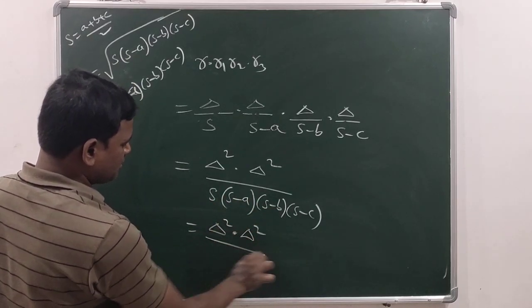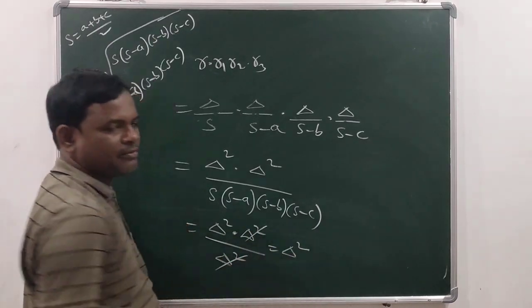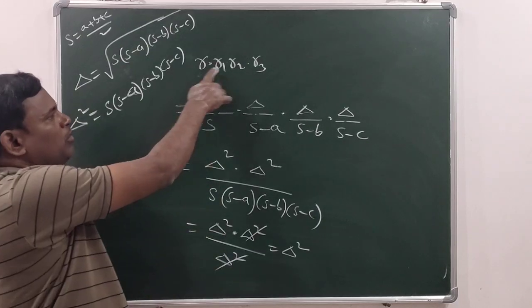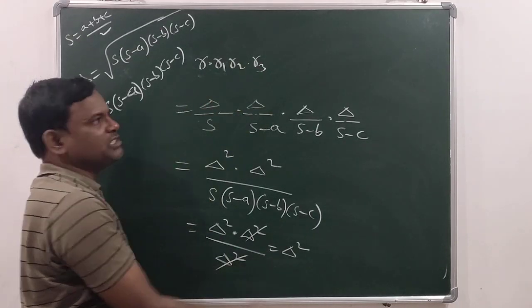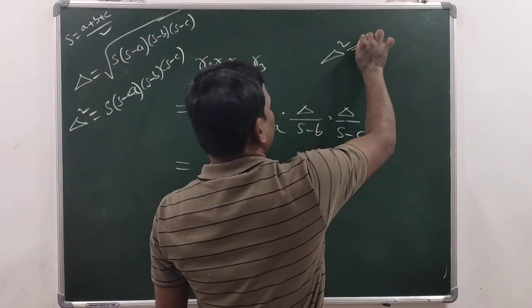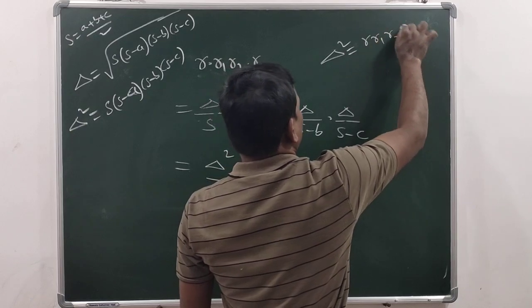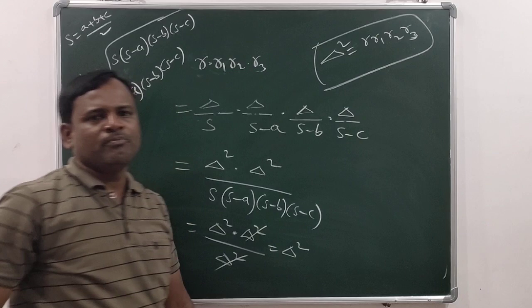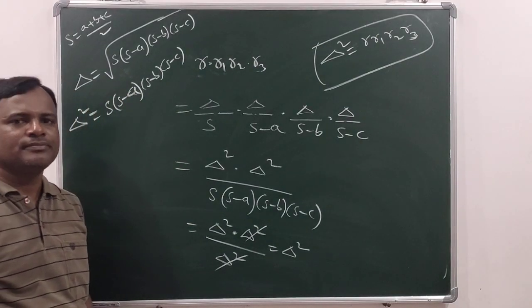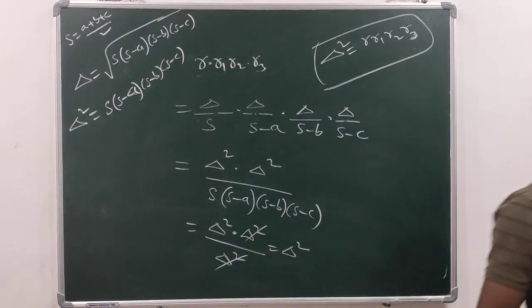Now delta square cancels delta square. Now R into R1 into R2 into R3 is equal to how much? Delta square. Remember this formula. Delta square is equal to R1 R2 R3. So this helps you while doing the applications from solution of triangles or properties of triangles.